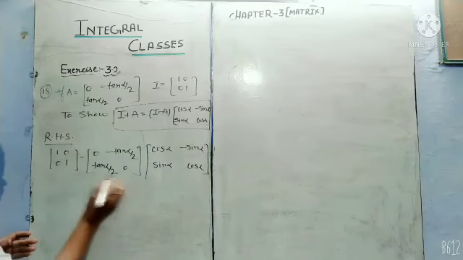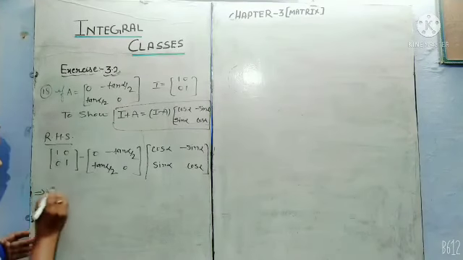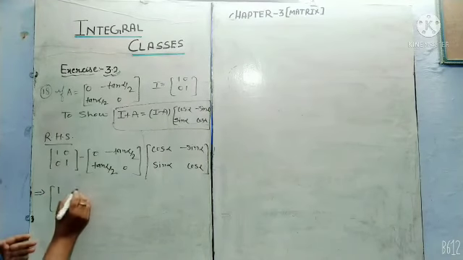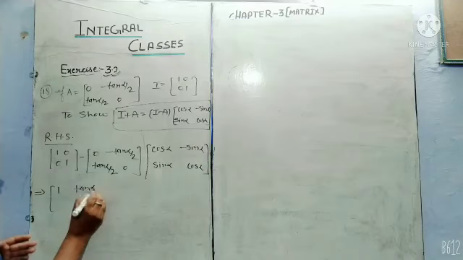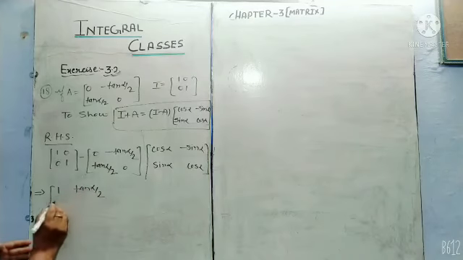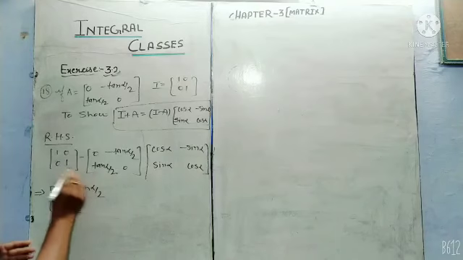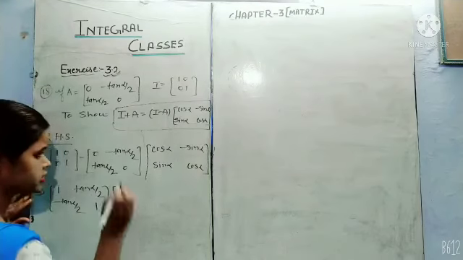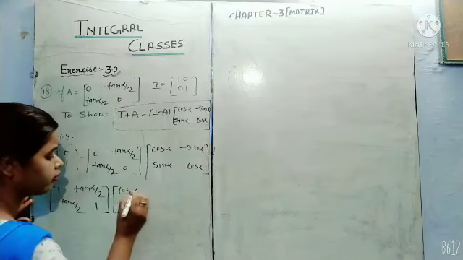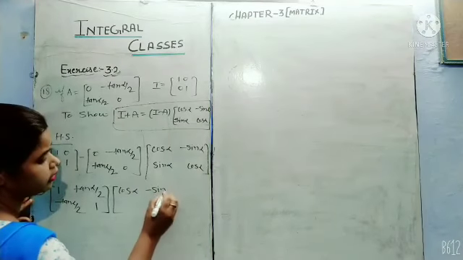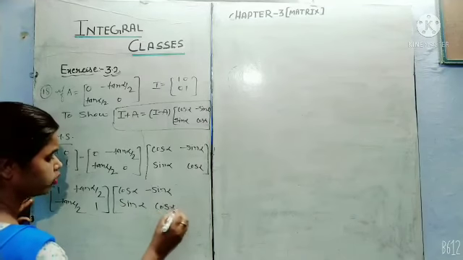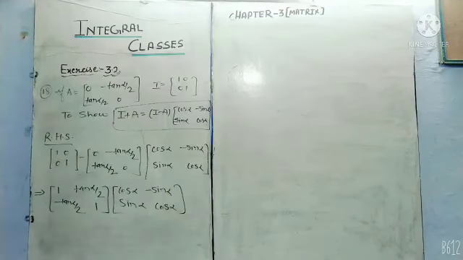First we will subtract both matrices, then we will get 1, it will become positive tan(alpha/2), minus tan(alpha/2), 0 minus this and 1 minus here, and this is similar. We have to write sin alpha and cos alpha.